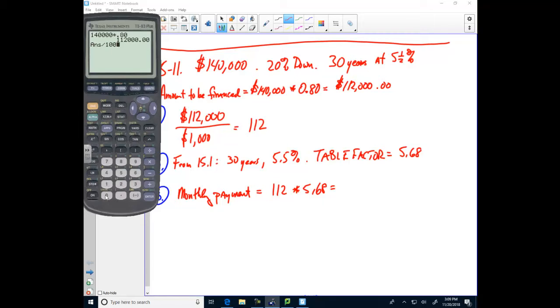I'm just going to divide that by 1,000, and then times 5.68.